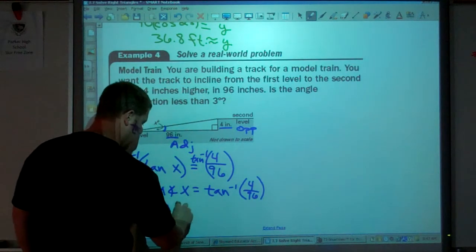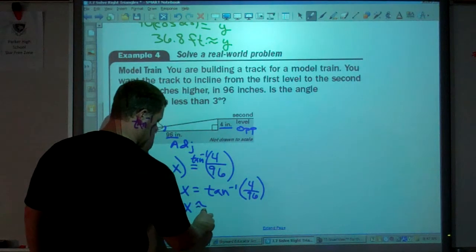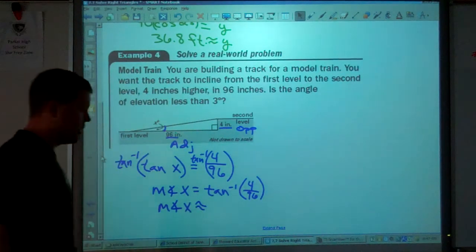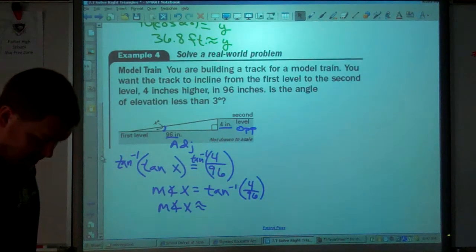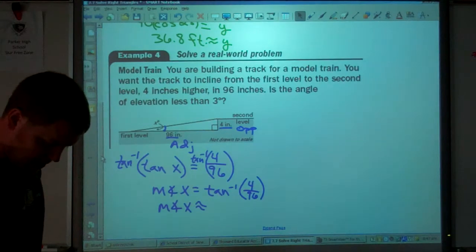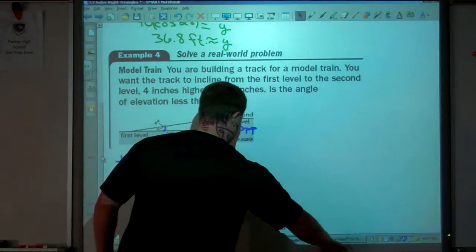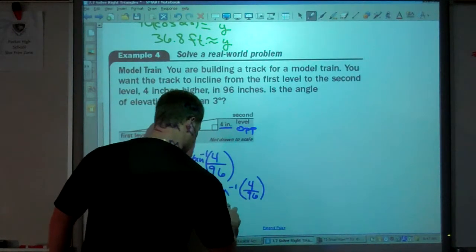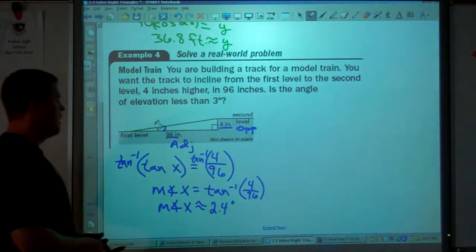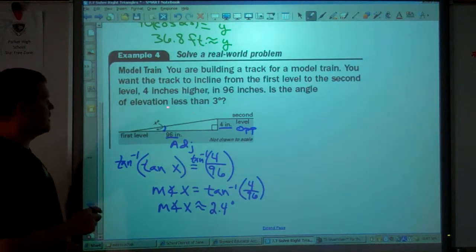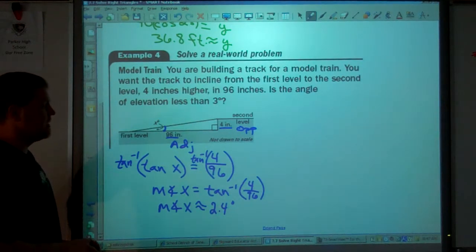So the measure of angle x is about, on our handy dandy calculator, second tangent, 4 divided by 96, 2.4 degrees. So is the angle of elevation less than 3 degrees? Yes, it is.